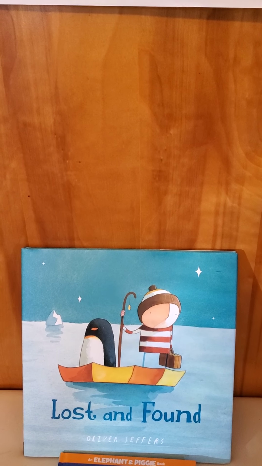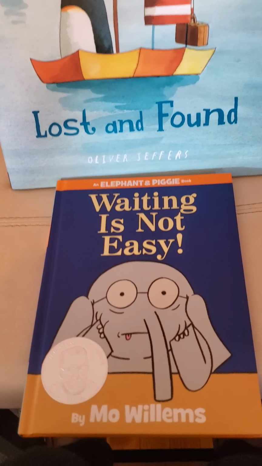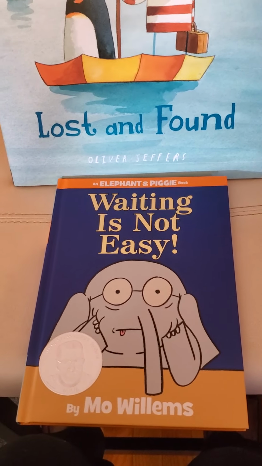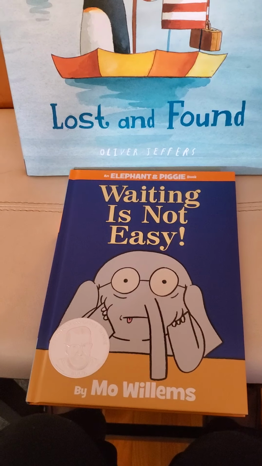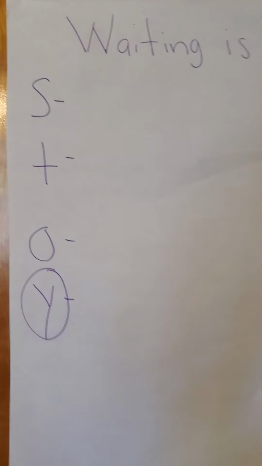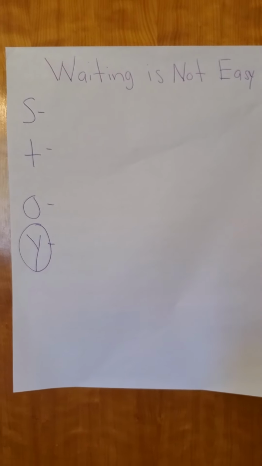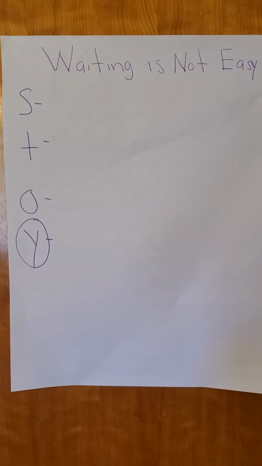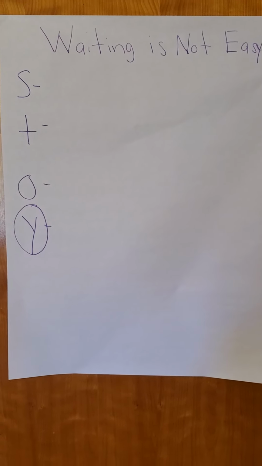So today's story is called Waiting Is Not Easy, by Mo Willems. Today, we're only going to plug in S, T, O, and Y, because in our story today, there really is no attempt to try to solve the problem. However, there is a solution.